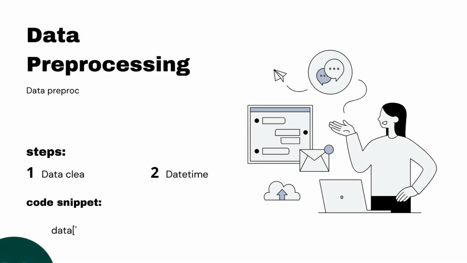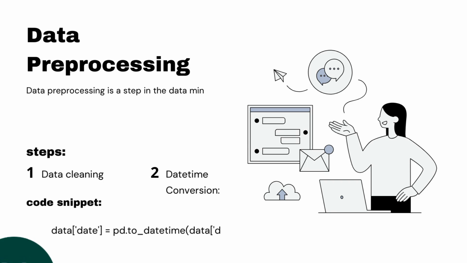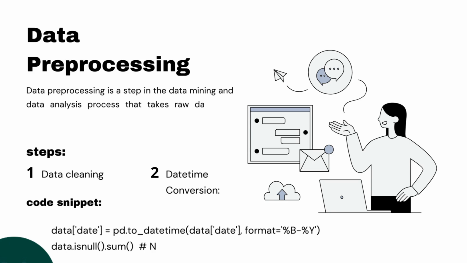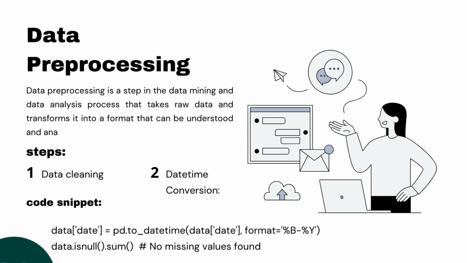As we know, data pre-processing is a very important step in data mining and data analysis in general to take raw data and transform it to a format that can be understood and analyzed by computers and machine learning. So in our case, first of all, we're going to start with data cleaning.